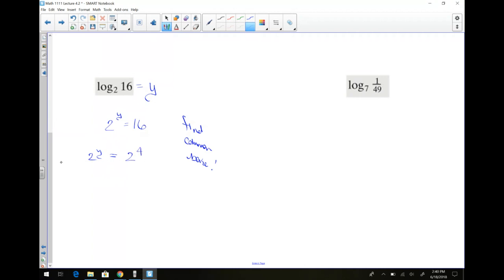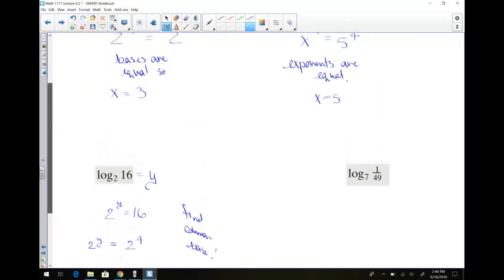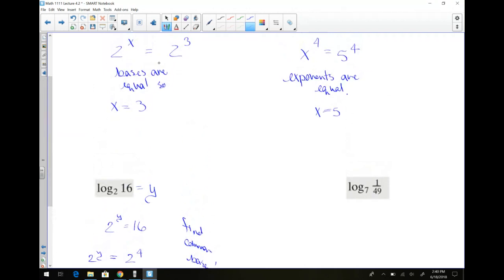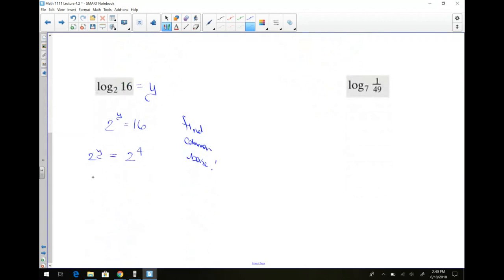And so then, because both of our bases are the same, we can use this rule. Bases are equal, so that means that the exponents can be set equal. So we have y equals 4. And so that means that all of this is simply 4. So the log base 2 of 16 is actually the value of 4.